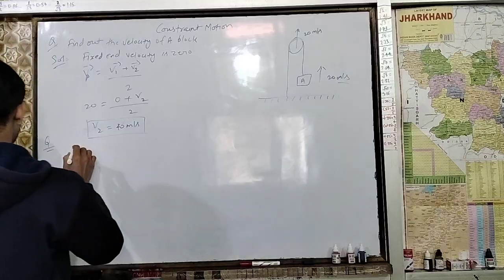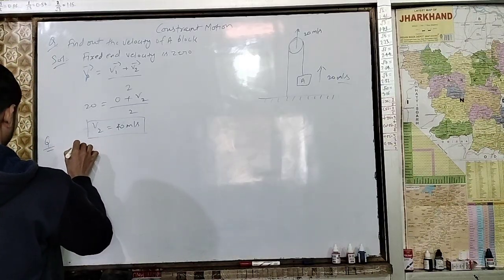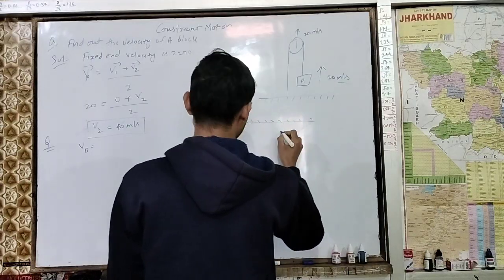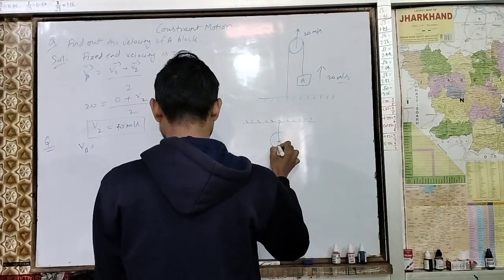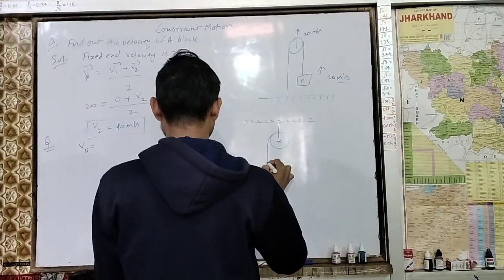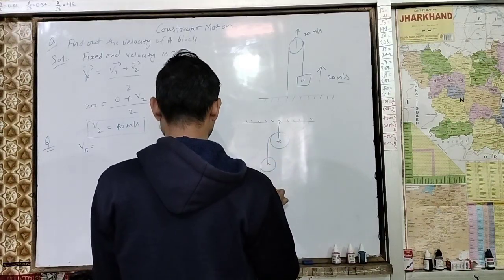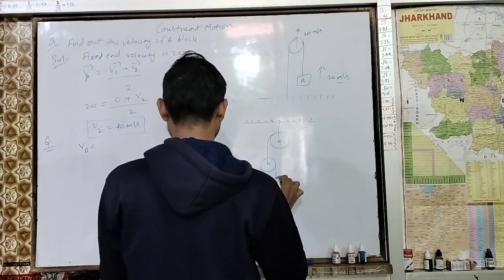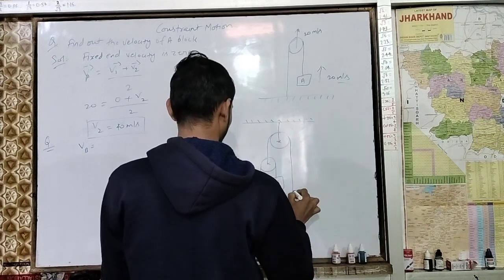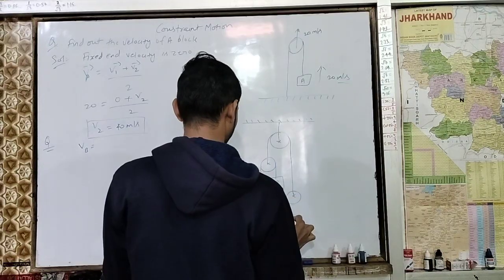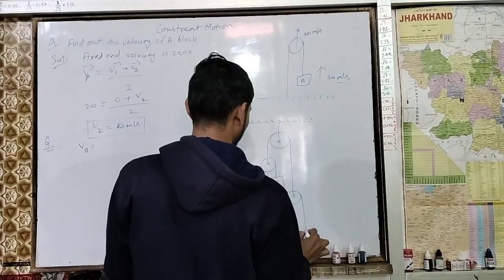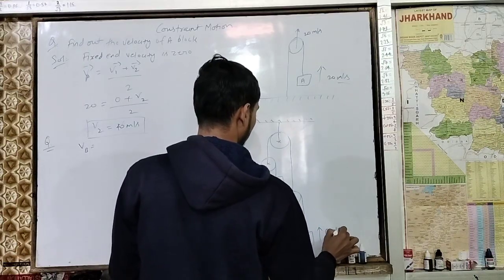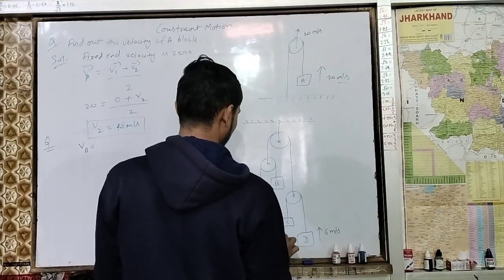Now the next question. Find out VB. One pulley is fixed at the center, but the second pulley is moving, taking two blocks, block A and block B. Second, block C and block D. Remember, block D is moving upward with 6 meter per second and block C is moving downward with 8 meter per second.